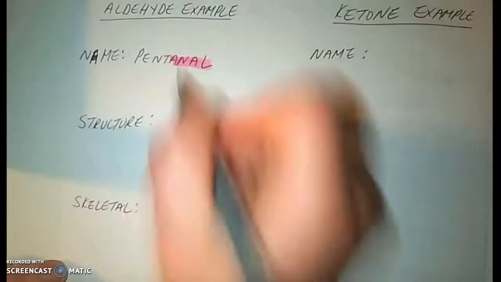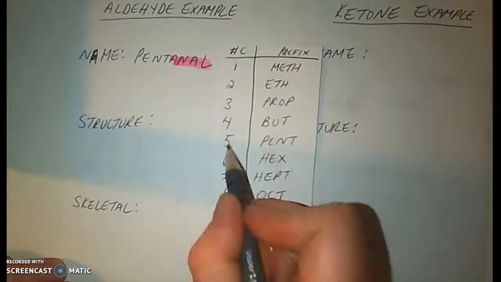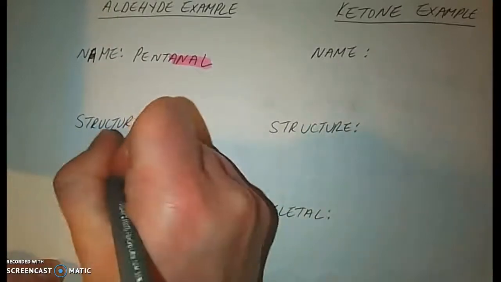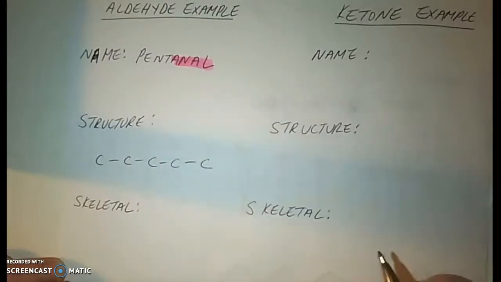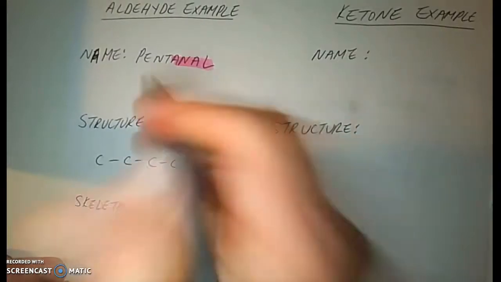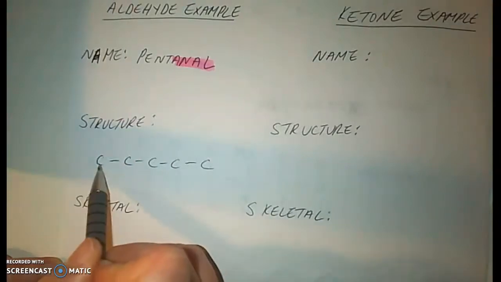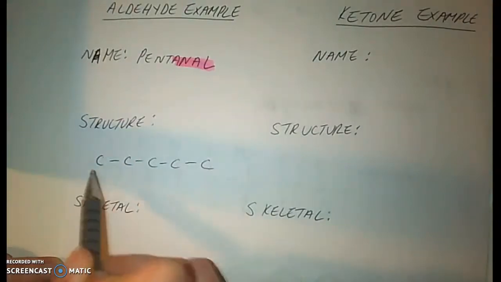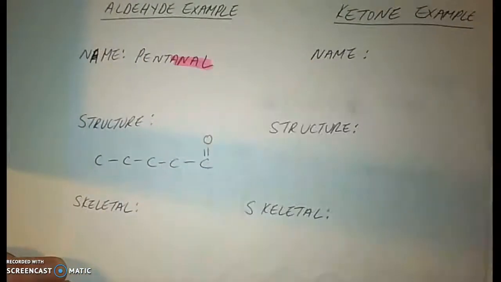Okay, so the structure of pentanal. So pent, if I remember here, means 5 carbons. So I'm going to draw 5 carbons. 1, 2, 3, 4, 5. And then because it's an aldehyde, I know that one of the end carbons, and I can either pick this one or this one, because they're both end carbons, but one of those has a double bond to oxygen.